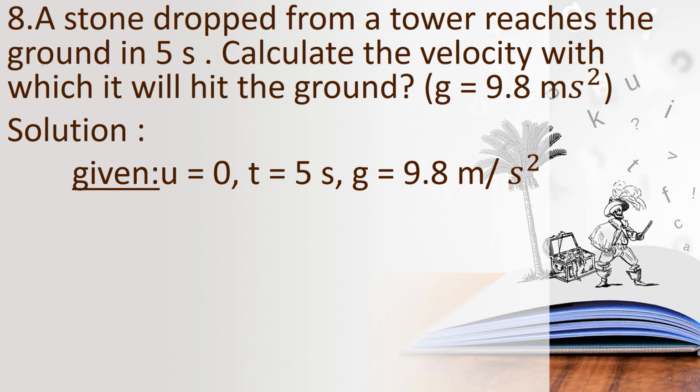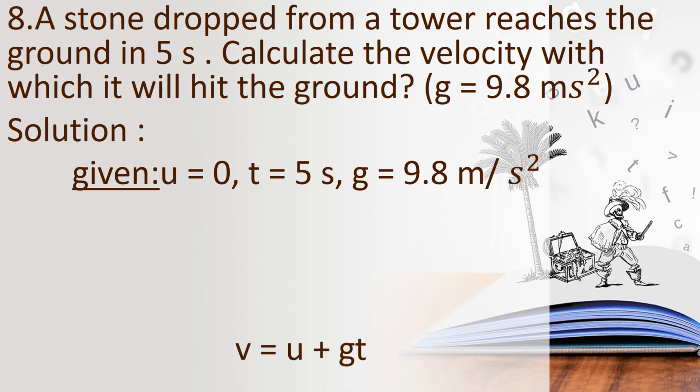We can substitute in the acceleration due to gravity formula, is it, children? It is falling freely from the top to bottom. So what is the equation? V equal to u plus gt.